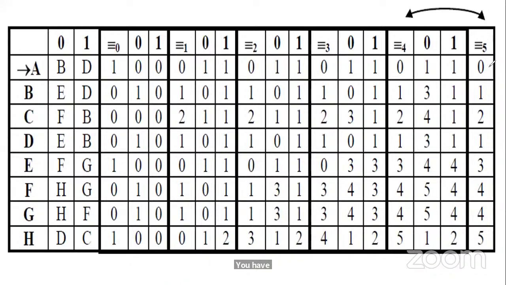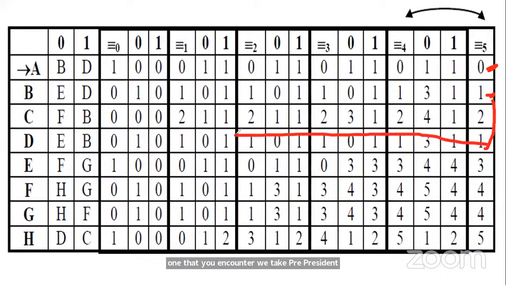So we see that this is 0 and there's no other 0, so this stands on its own. This is 1. This is another 1, right? The first one that you encounter takes precedence, and the other state will be cancelled out immediately.